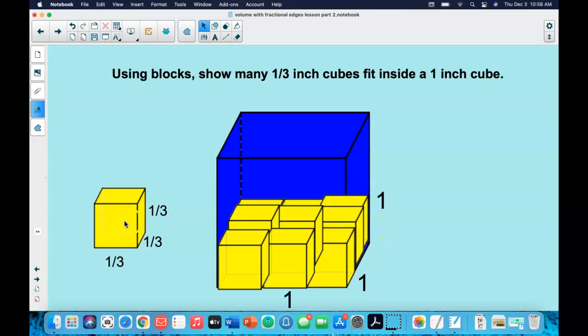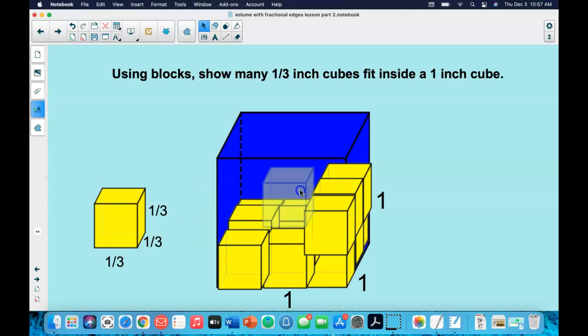Now I have to fill all the way to the top. And so how many levels will I take? Well, I'm going to take 3 levels because 3/3 makes 1. So I'm going to do this 2 more times. So if my first row has 9, my second row is going to have 9, and then my top row will have 9, right?